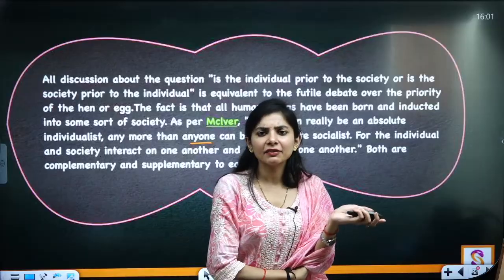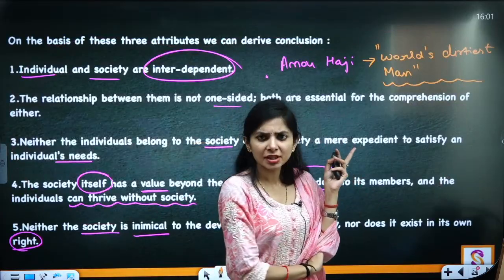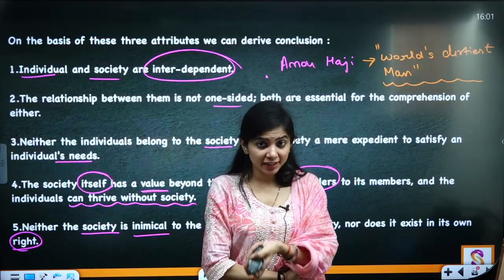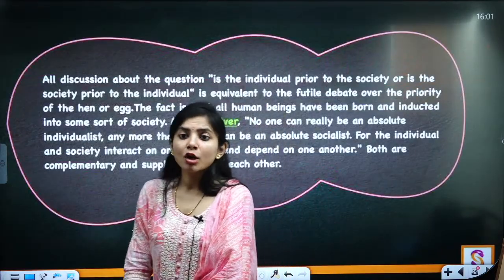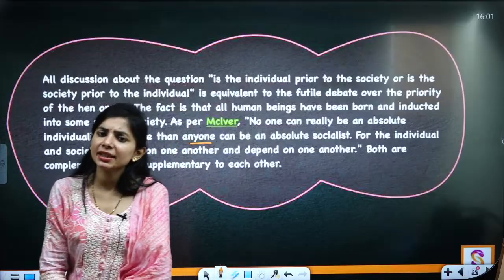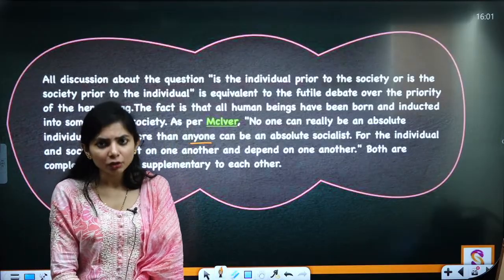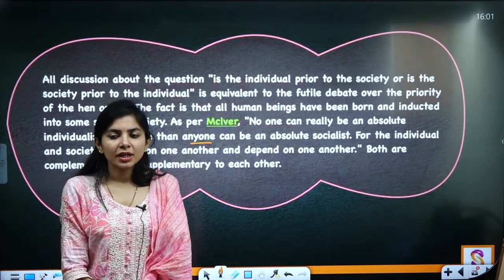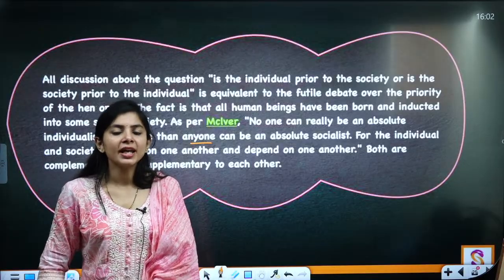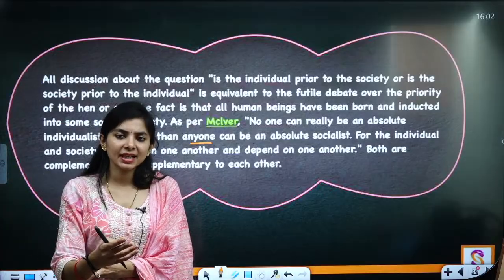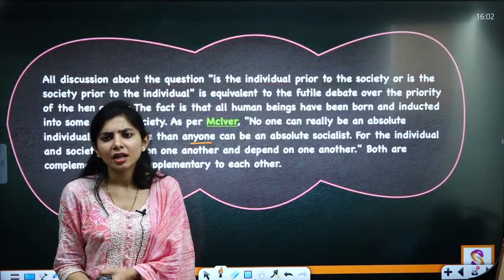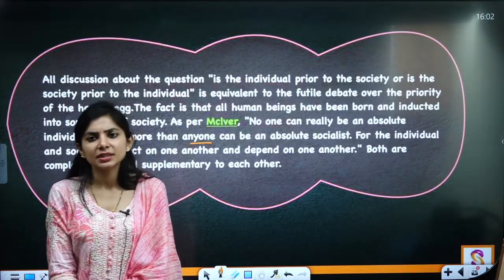Like, as I had given you the example of Haji. So this person was living in isolation, but still he was dependent upon the society for the basic needs. Basic needs in the sense, he was having food. So for the food, he was not self-sufficient. For the food, he had to depend upon other persons of the society.